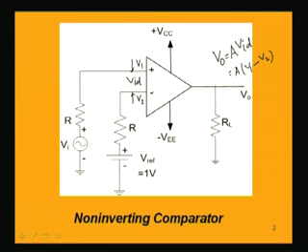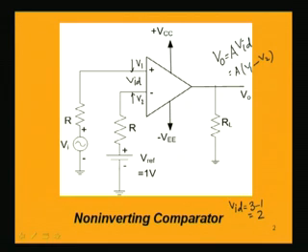Then what will be the difference voltage VID? VID will be 3 minus 1, that is 2. So, the output voltage V naught will be 2 into the gain, but although the gain is very high, we will get only around plus 14 volt, a saturated voltage, if Vi is greater than the reference voltage.